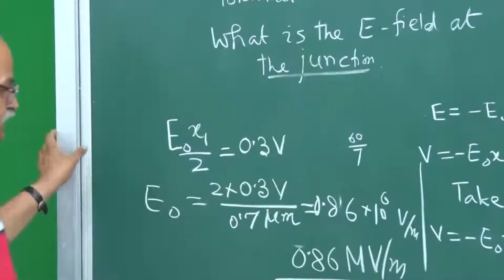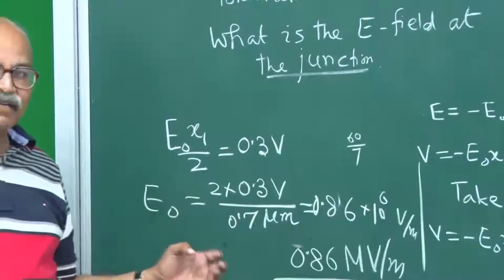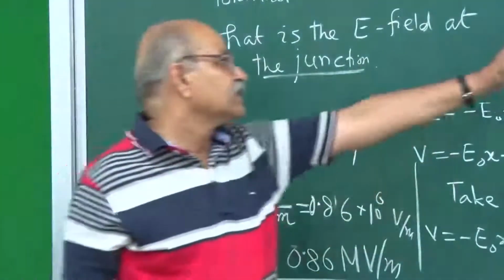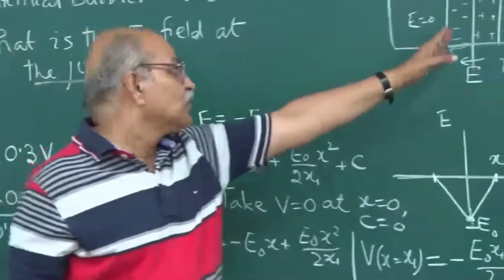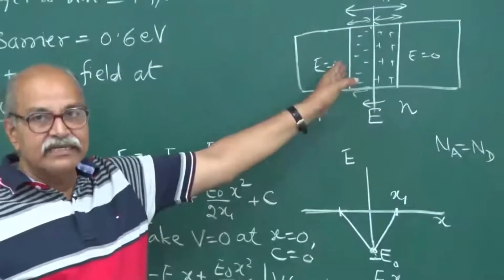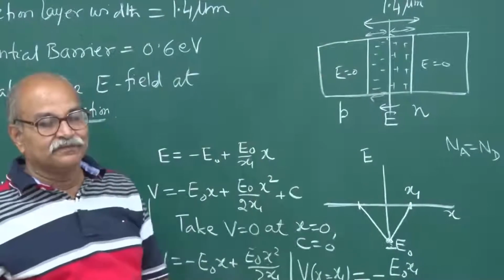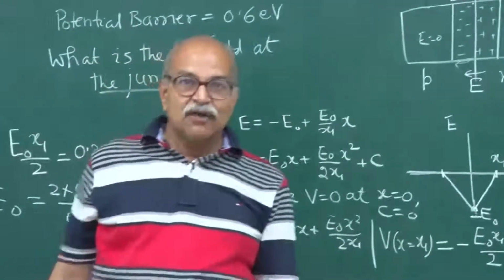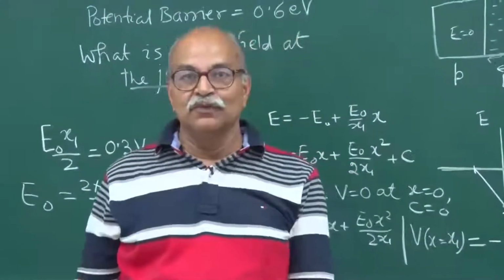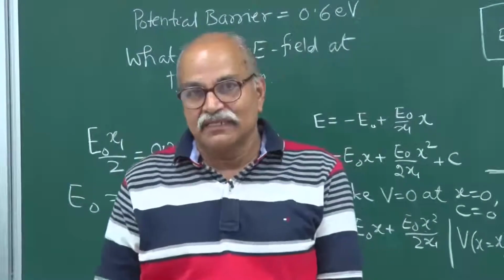That's the maximum magnitude of electric field which exists at the junction. And then as you go on this side or on that side, it linearly decreases to 0. Alright, so we will stop here, and next time we will do some special PN junction diodes.